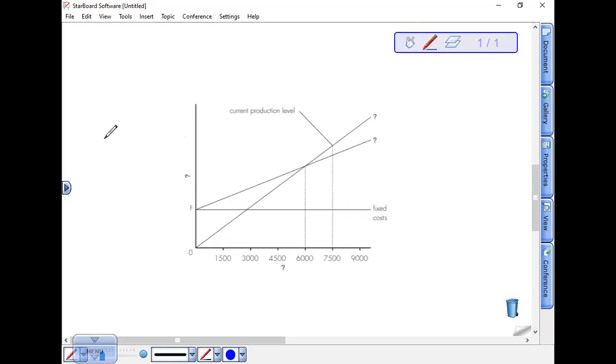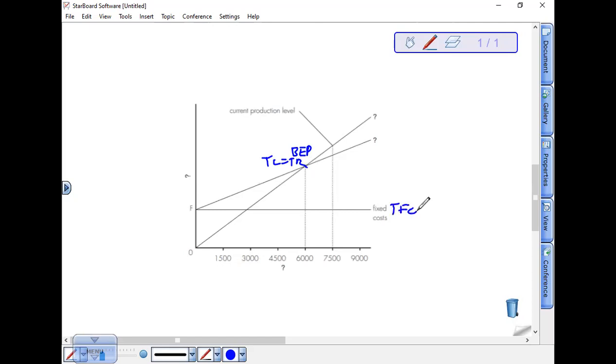This 6,000 number of units is the break-even point at which our total revenues are just equal to total cost. We can see this is the break-even point because at 6,000 units total revenues are just equal to the total cost curve. And the fixed cost, this is the total fixed cost curve.